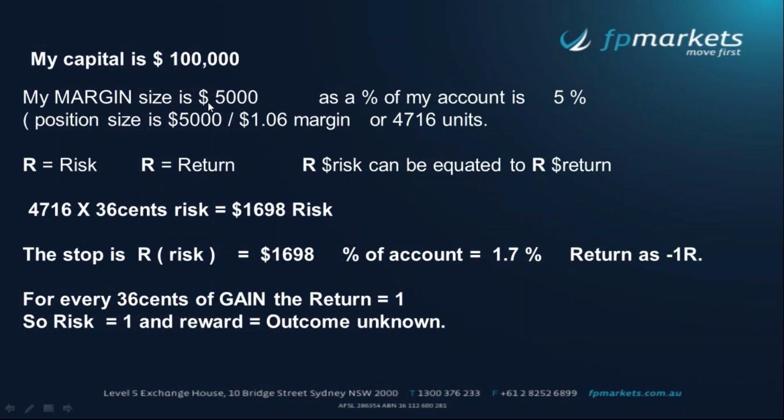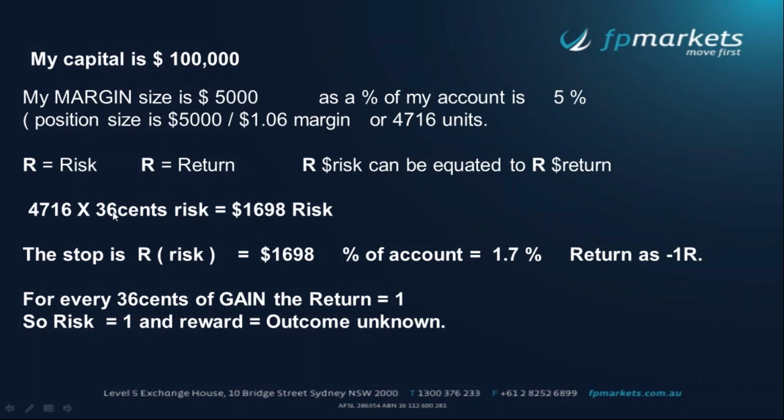In this example here, I've just used a margin account. Margin of 5%, 5,000 of 100,000. If your margin requirement is $1.06, it allows you to buy 4,716 units. Buy 36 cents gives you $1,700.